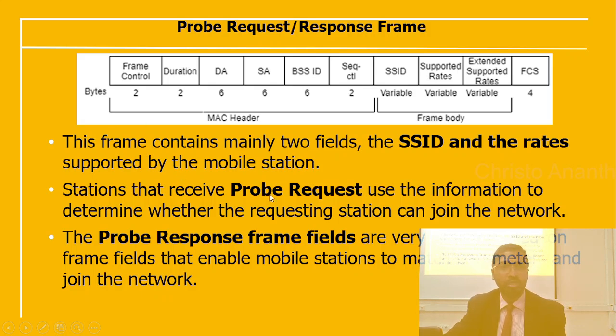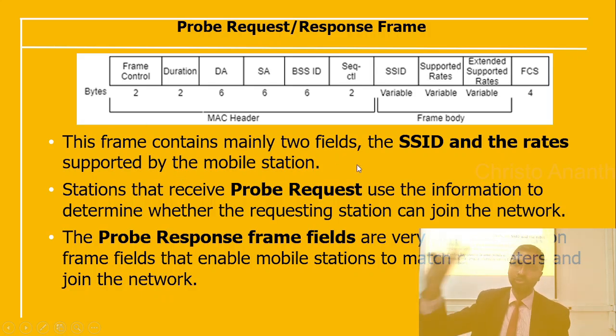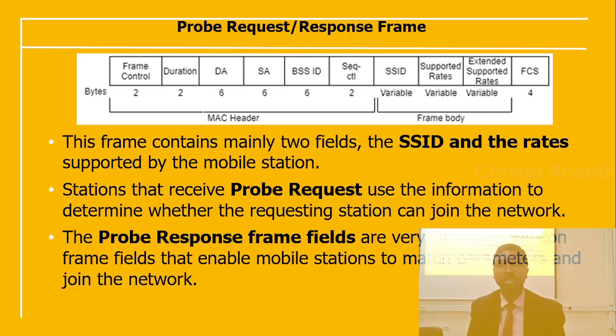This frame contains two main fields, the SSID and the rates supported by the mobile station. Stations that receive this probe request use the information to determine whether the requesting station can actually join that particular network. The probe response frame fields are very similar to the beacon frame fields, enabling the mobile station to match the parameters and join the network.